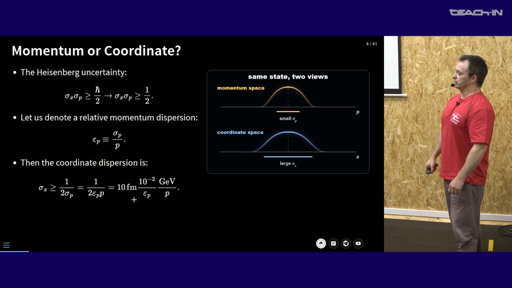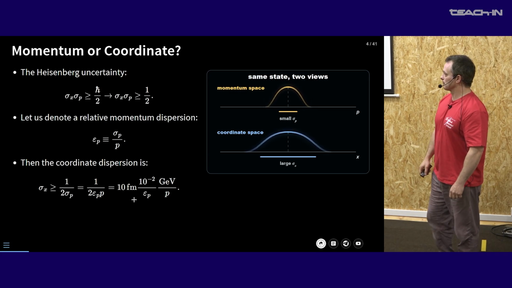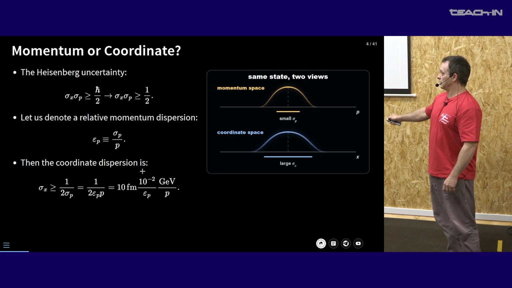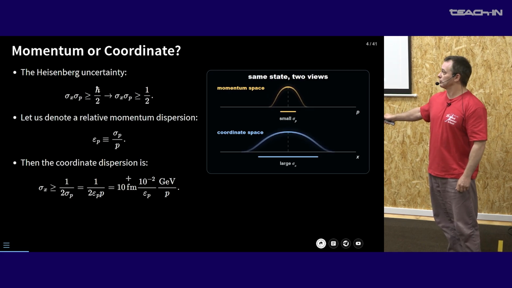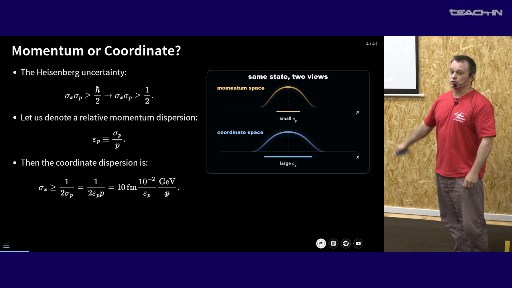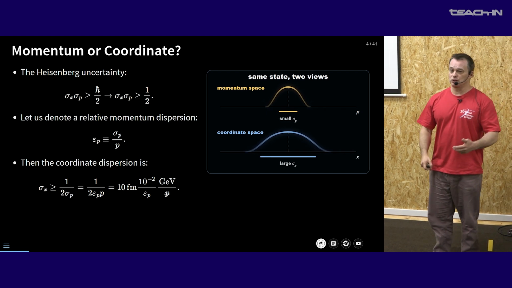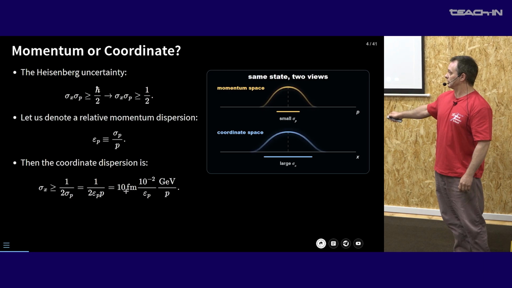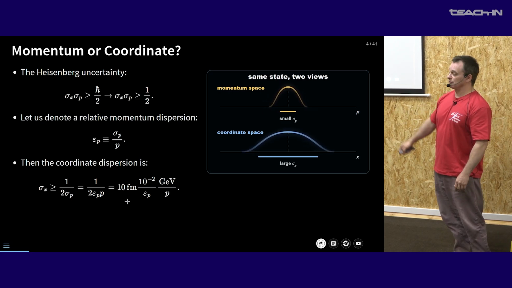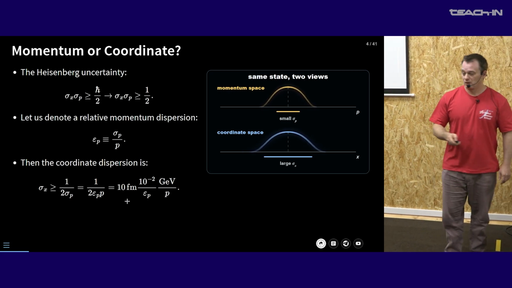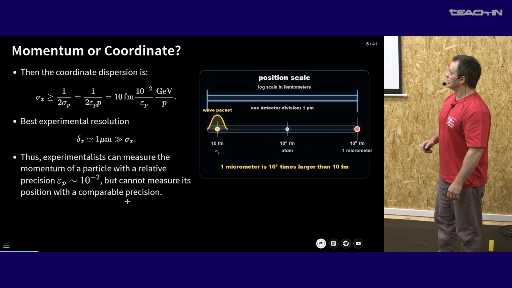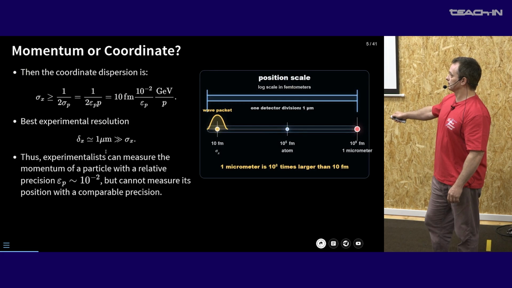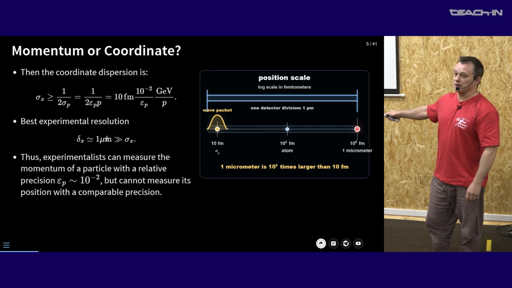And this is important because it means that if you have a detector which carefully measures momentum with a relative precision of 1%, and the momentum of your particle is about 1 giga electron volt, then the uncertainty in the coordinate is larger than 10 femtometers. What does this mean? The best experimental resolution in the coordinate is something like 1 micron.